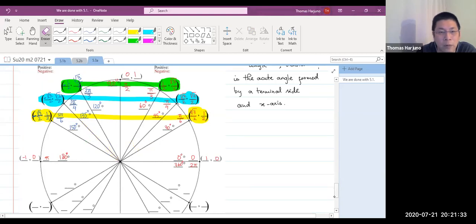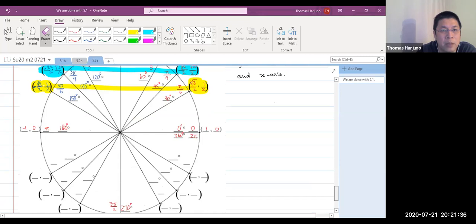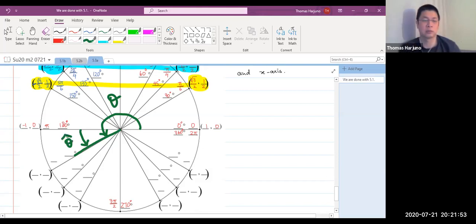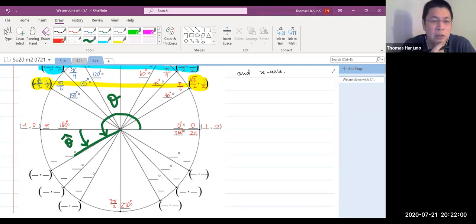Now, if I pick, for example, this one, then this is the angle in standard position. This is the reference angle. So the reference angle is the acute angle. It must be between 0 and 90 degrees from the x-axis, regardless of positive or negative x-axis, to that side.